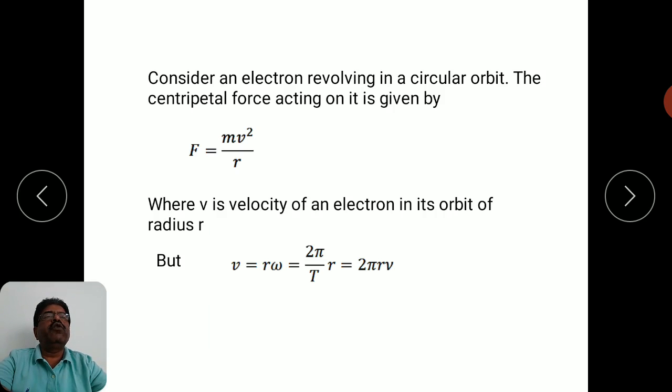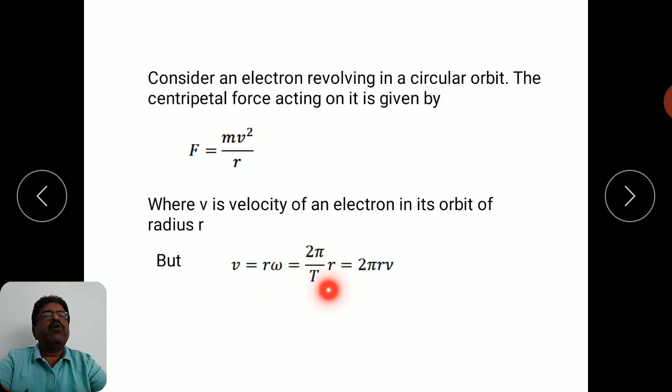So F is this centripetal force acting on the electron, which is revolving in a circular orbit. But you know that in circular motion, v is equal to r omega, where omega is the angular frequency, and it is given by 2 pi upon T, where T is the period of revolution in a circular orbit.